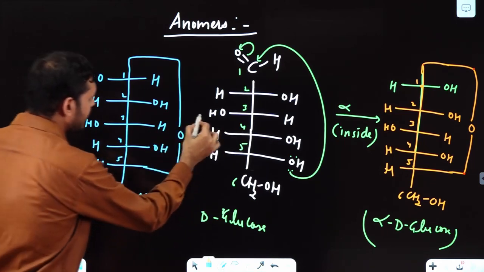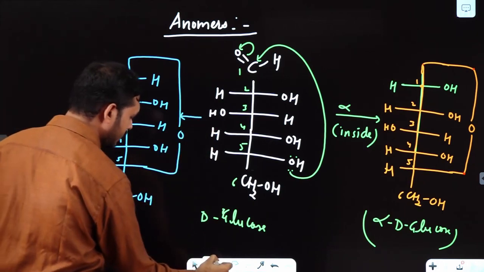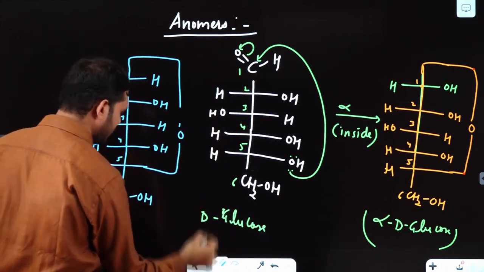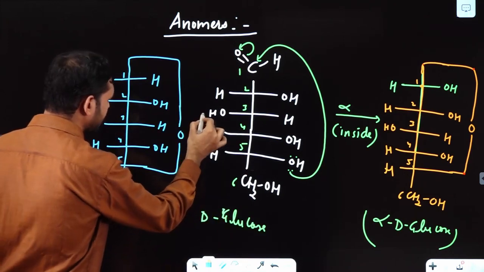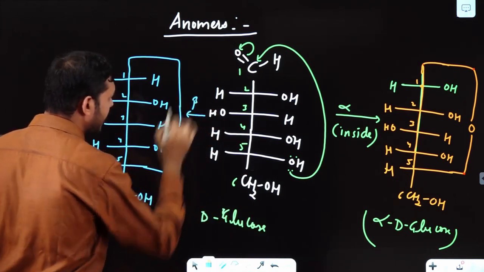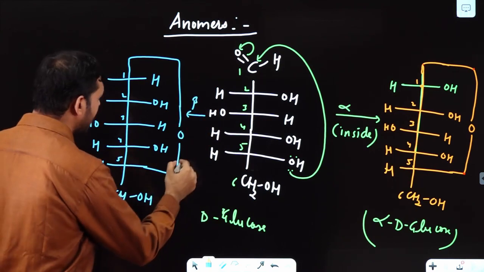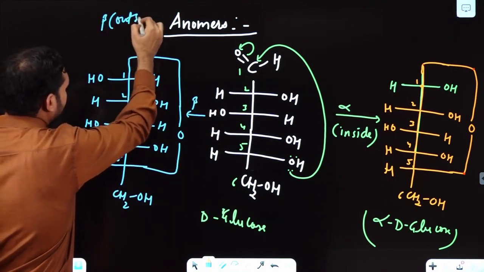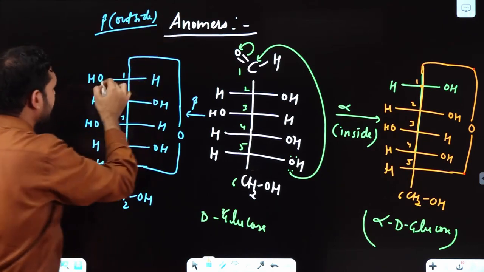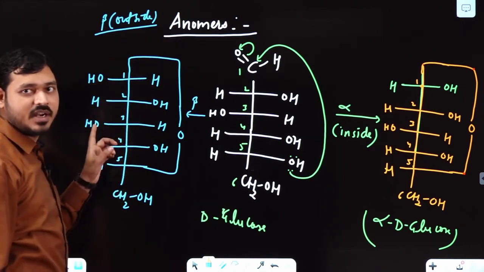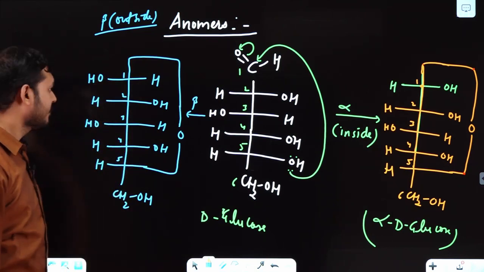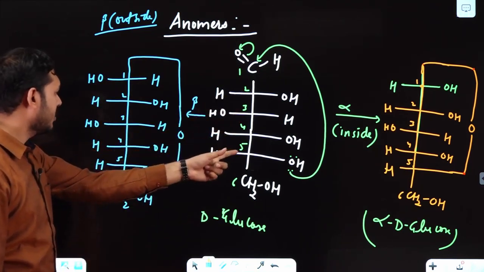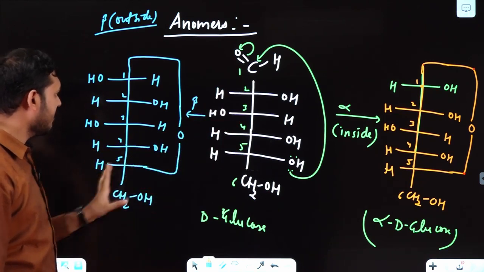Now you can see this part as beta. Okay, beta means outside. Clear? It means that OH will be outside, so it will be considered as the beta part. Clear? The remaining part, second, third, fourth, are all the same. Across fifth we have made this.